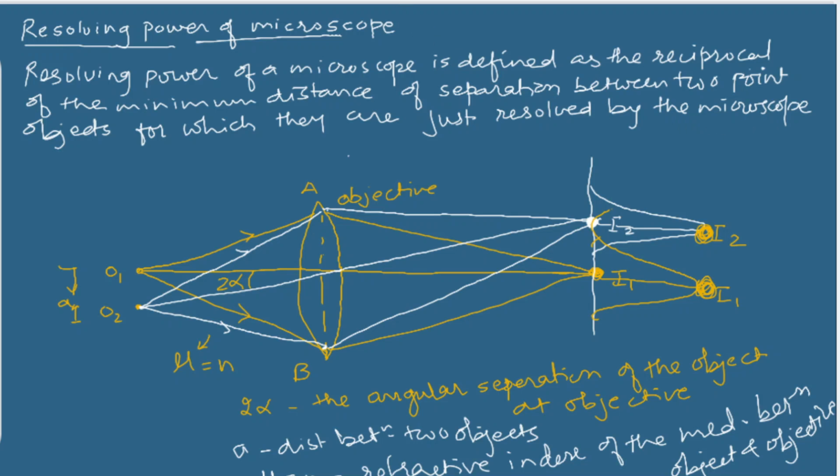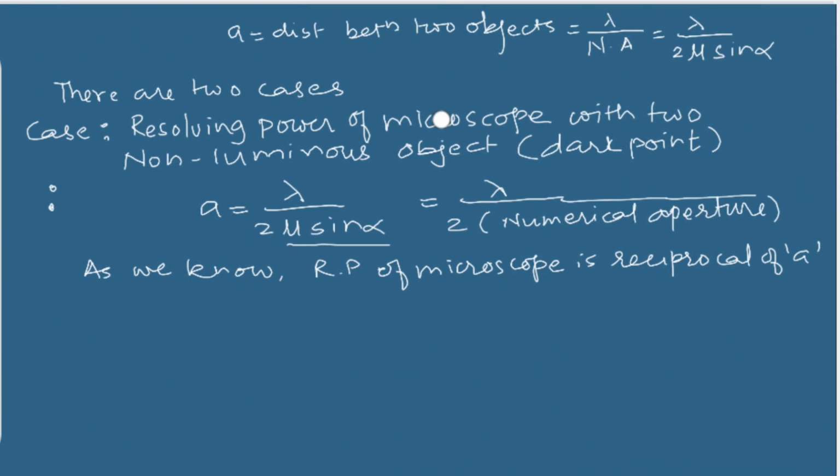So from the definition we can write resolving power, RP of microscope, is equal to the reciprocal of this minimum distance A.